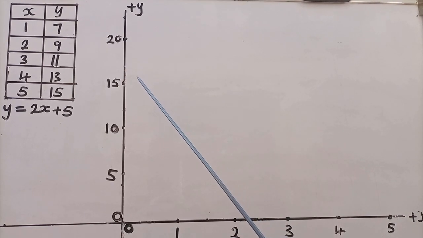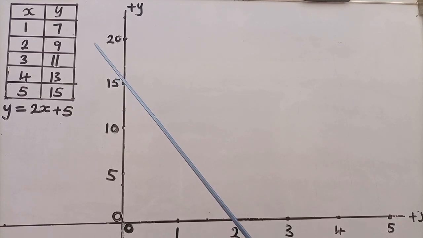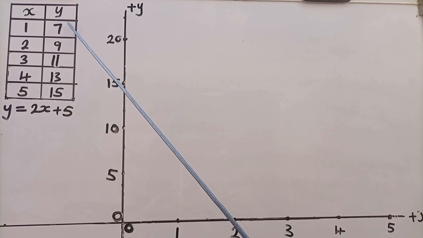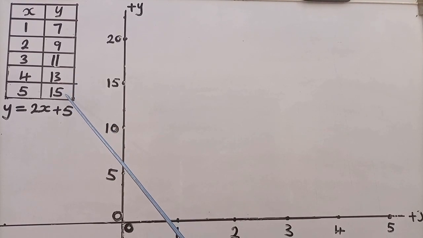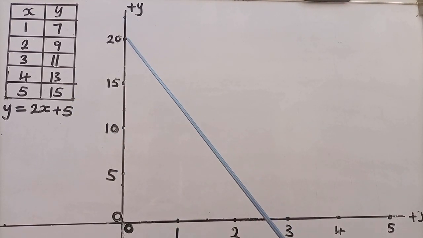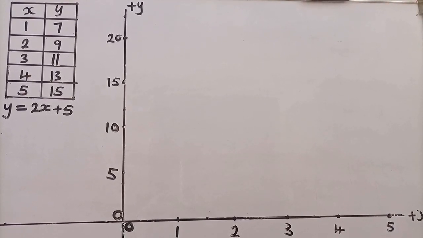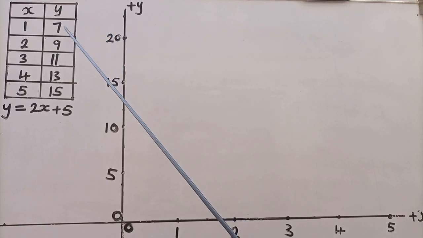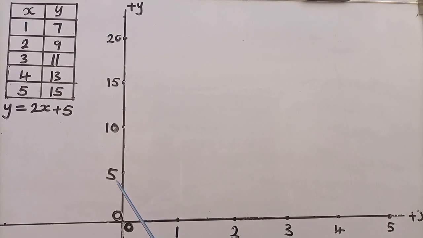But it's also unfortunate, but exciting to learn that all the values in this y, except this 15, are not seen written on this y axis. Then, what do we do? Let us start with this 7. Where is this 7 exactly? It is somewhere between 5 and 10.